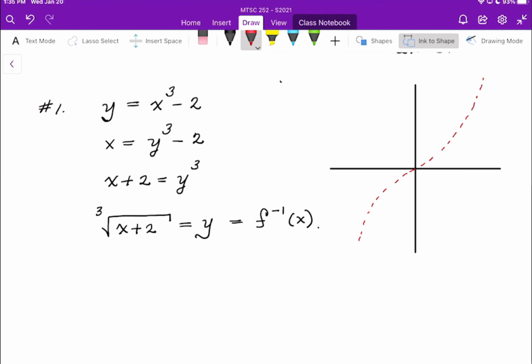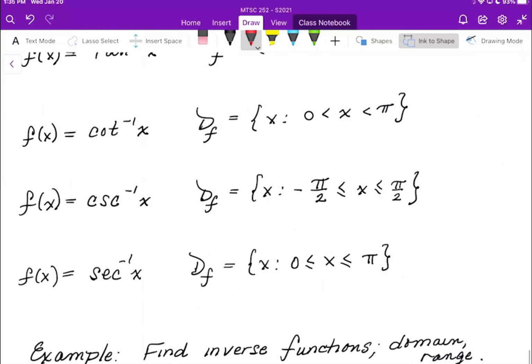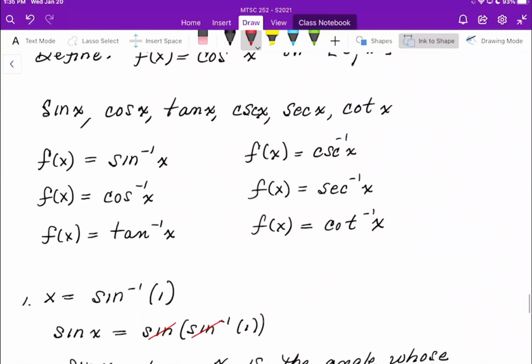But our function says subtract 2 from that. So the function we have looks like this. Now, we already know that the inverse is always going to be flipped over the axis y is equal to x.